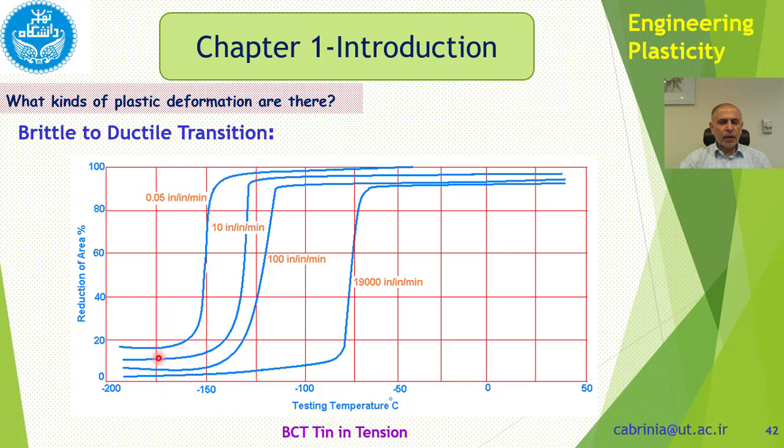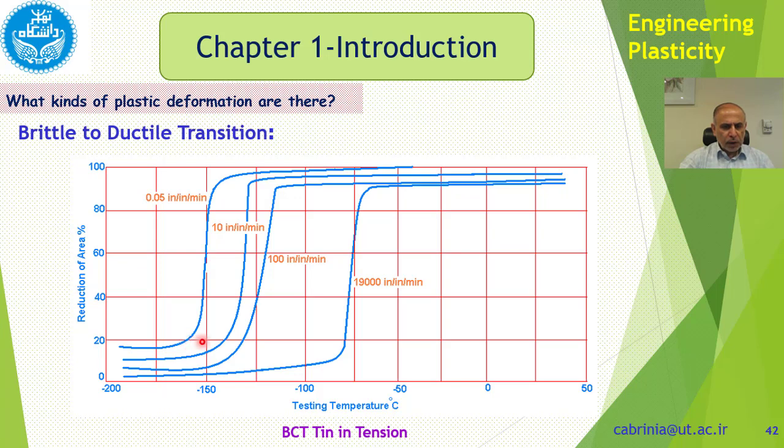So you can see here that it is better to consider the behavior of a material as ductile or brittle, rather than saying that this is brittle, that is ductile. Its behavior is ductile or brittle, because under different conditions it behaves differently. So here we say the brittle to ductile transition is in a very short range of temperature. For instance here, it's about 20%.